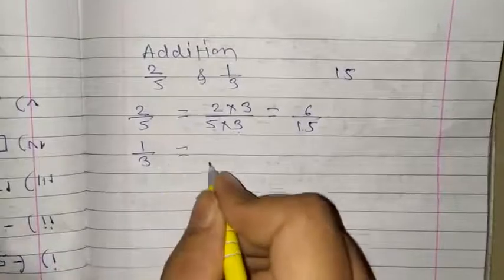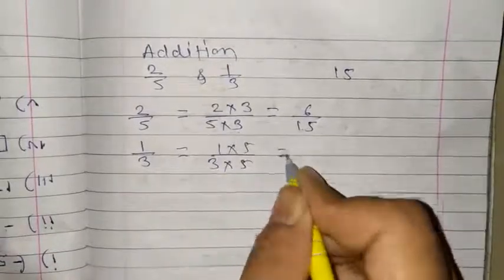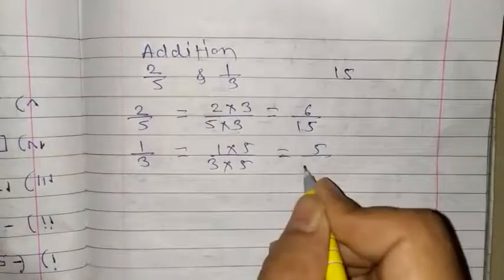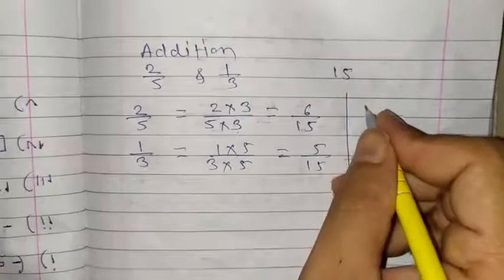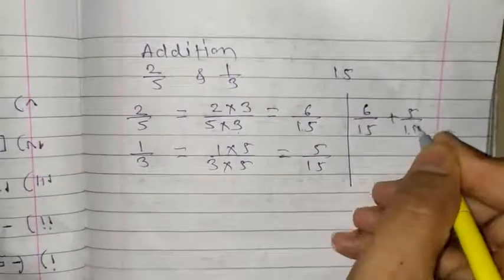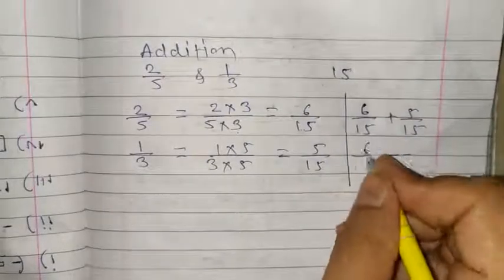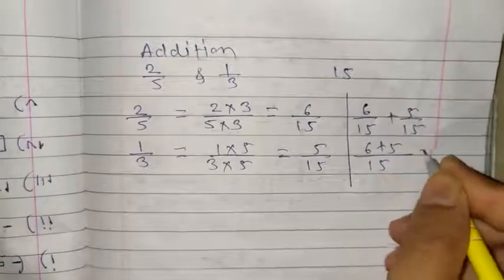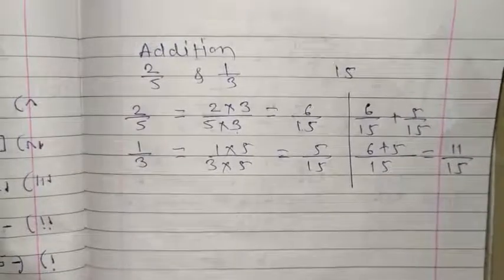For making 15, you have to do 3 into 5, and the same number upside: 1 into 5 is 5, 3 into 5 is 15. Now their denominators are the same, so you can easily do the addition. 15 is the same, so write it once only and just write 6 plus 5. It's very simple. 6 plus 5 is 11. 11 upon 15, that is your answer.